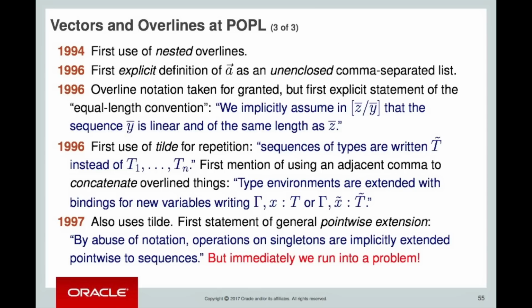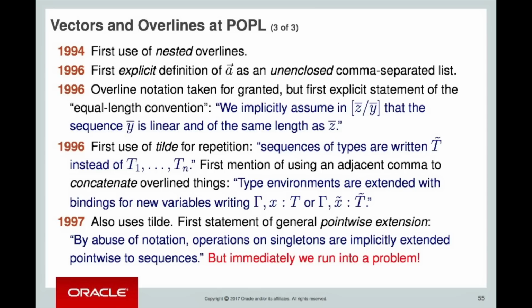We implicitly assume that when we say z overline slash y overline, this is in the context of substitution notation, that the sequence y is linear and of the same length as z. So that's a really important convention that nobody had enunciated before, but had been taken for granted: that when you use overline notation and more than one vector is involved, they need to be the same length.